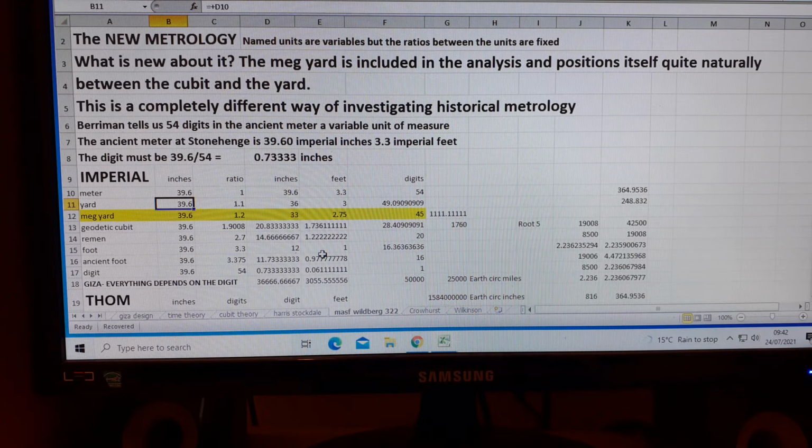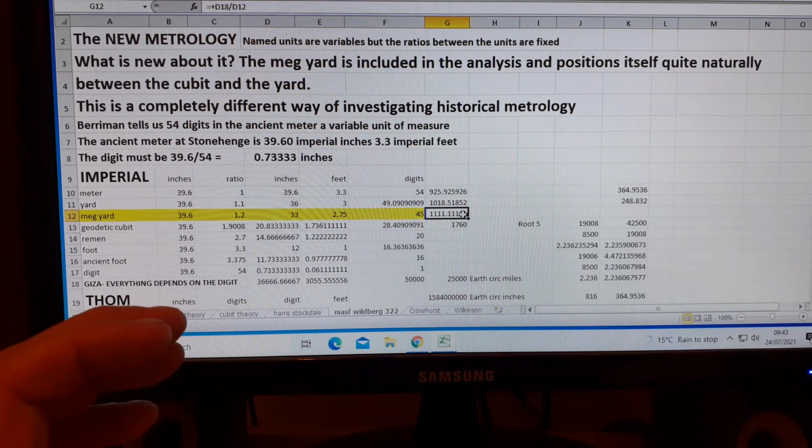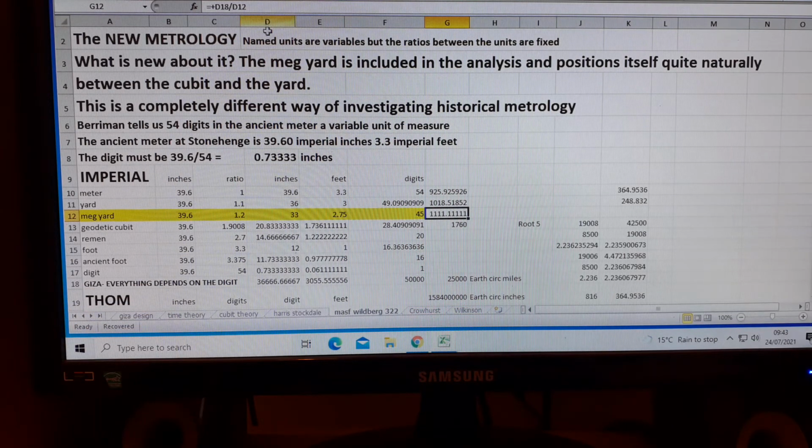How many meters are there in the Giza base? It's 50,000 divided by 54. How many yards are there? Now, we've calculated the megalithic yard as D18 divided by D12.